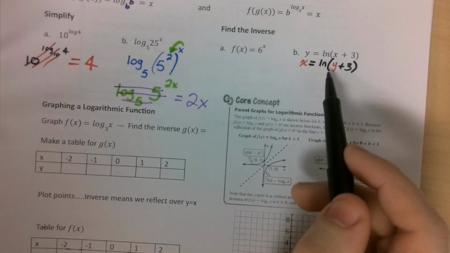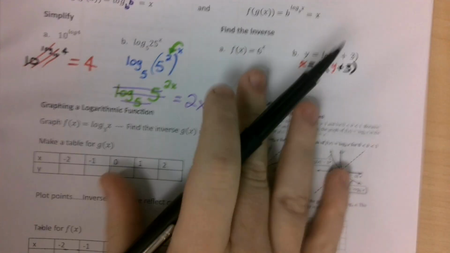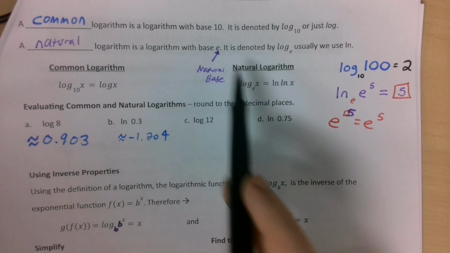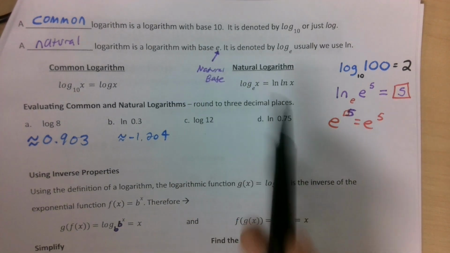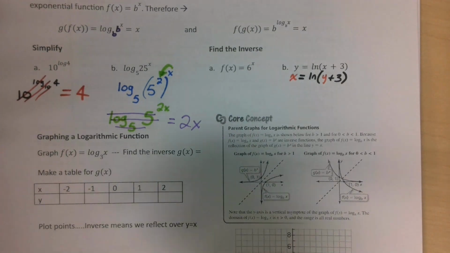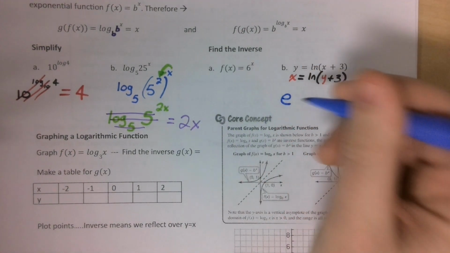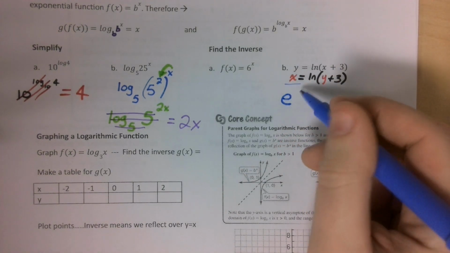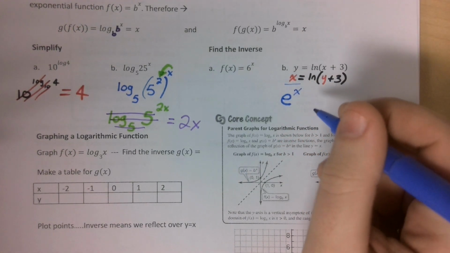What base is secretly under a natural log? E. Anytime you have ln of x, it means you have a base of e. So can't we rewrite this using a base of e? Our exponent is whatever's on the other side, so this is just x.